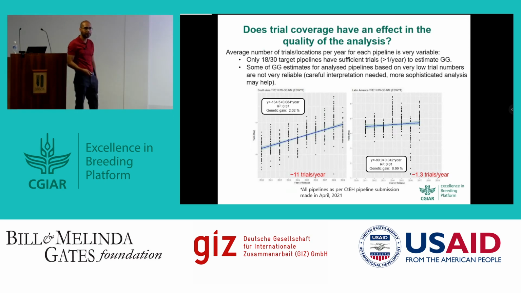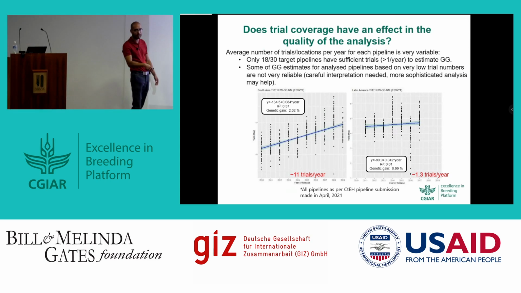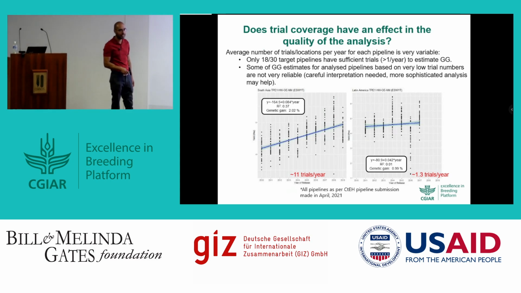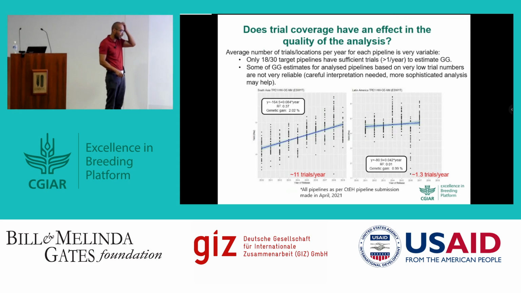It was very difficult to say, well, we have a trend, right? We can say, here is the genetic gain, and we said, okay, look, the genetic gain is 1%. But the problem was that the regression line was not explaining the variability, and it didn't look that robust. It would be very difficult to take strong decisions based on this type of zigzag pattern.